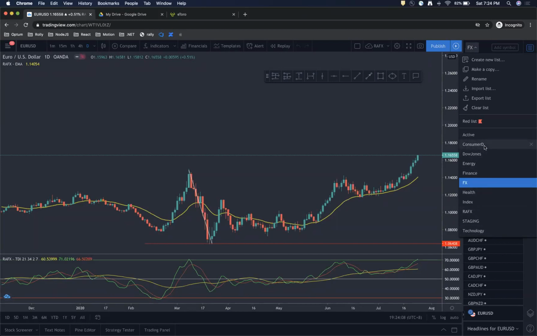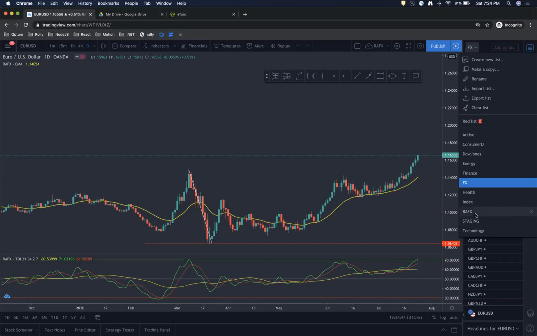So what I basically do is, for example, I have the consumer list, I'm scanning consumer stocks. Once I found a setup that is good for my signals and I'm waiting for the entry trigger, I move that stock into my staging. And once I execute that stock, I mean I already bought or sold depending on the trade direction, I move that into RAFX.